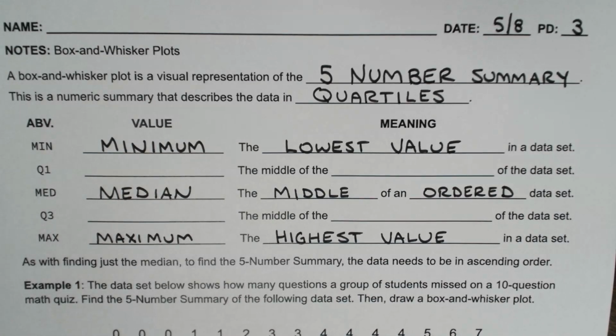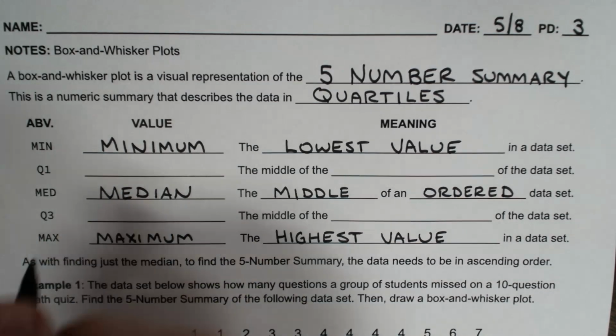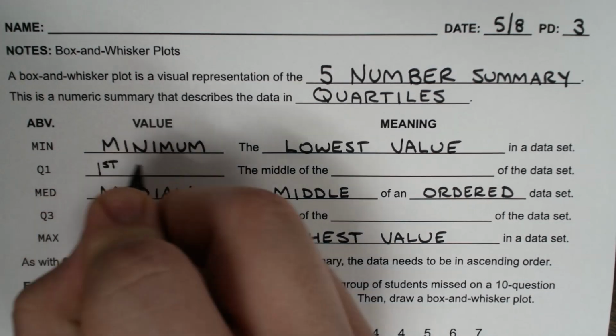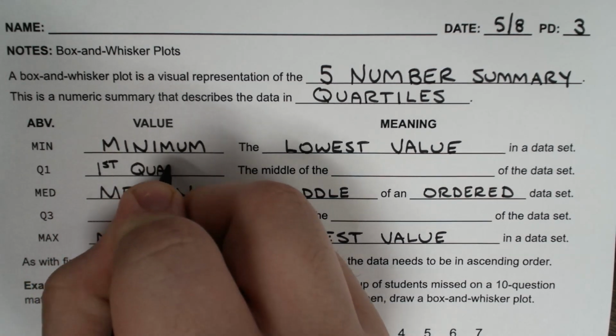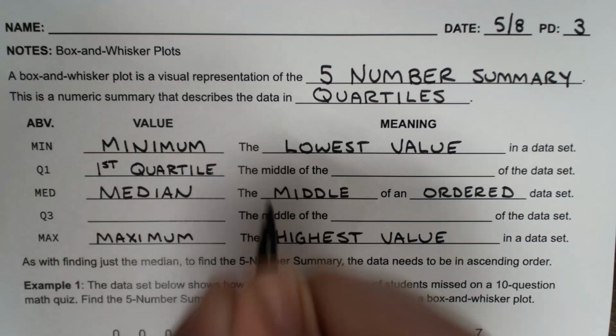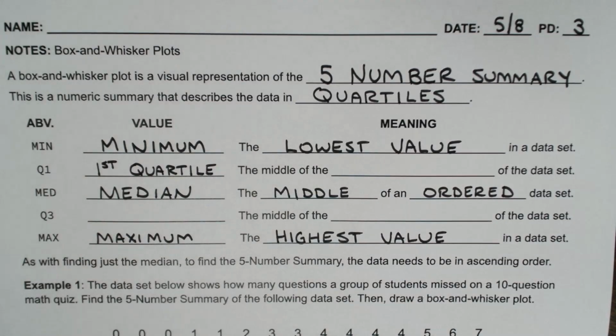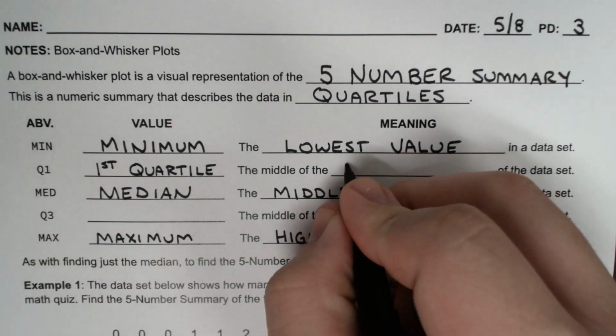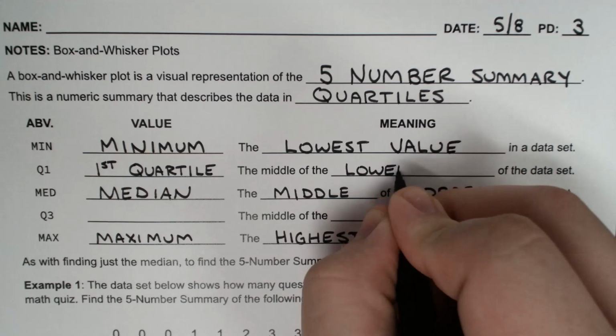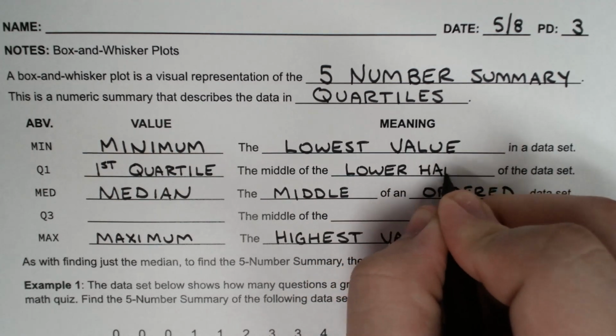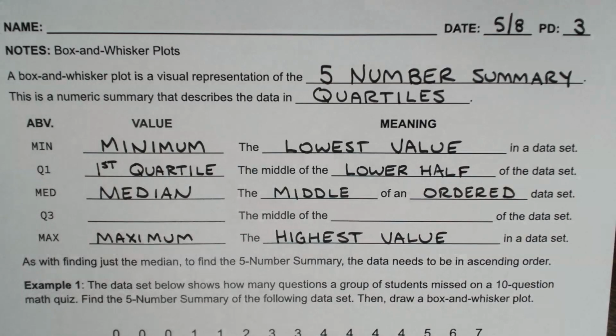So Q1 and Q3 are the weird ones that are kind of hard to make sense of at first. Q1 just stands for the first quartile. And that is going to be the middle of the lower half of the data set. When you're talking about the middle of the lower half, that leaves 1/4 is less and 3/4 is higher.